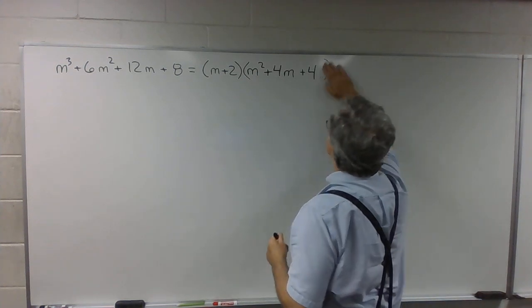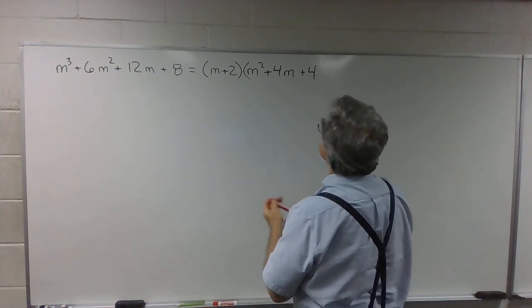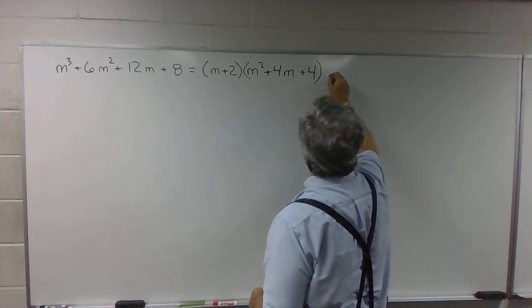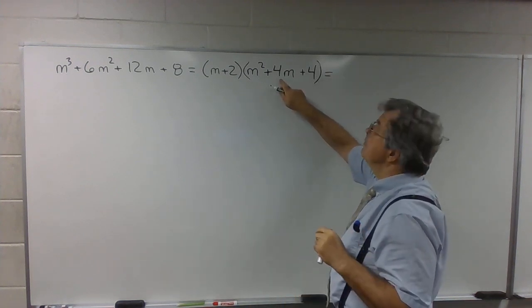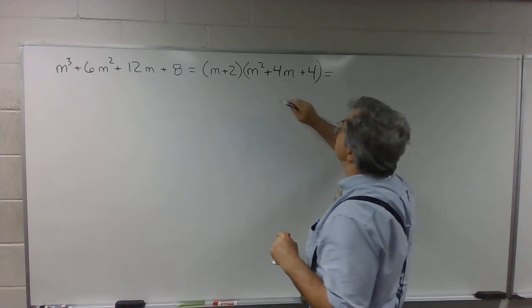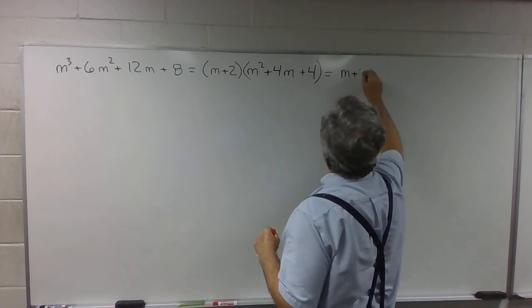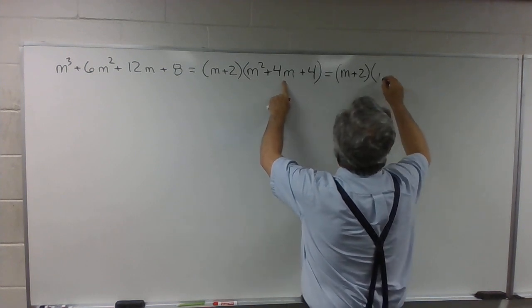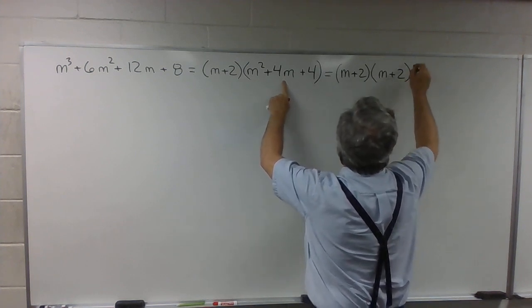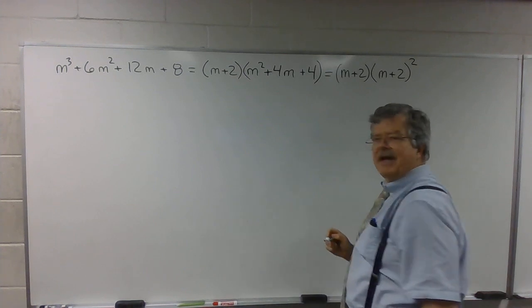And you know what? Something hits me right between the eyes here. I look at this and it's a recognizable form. This is a perfect square. And I recognize it as m plus 2 quantity squared. That's what that is.